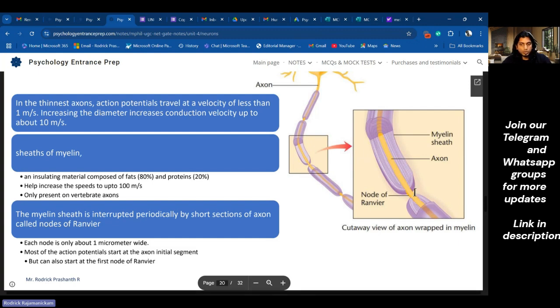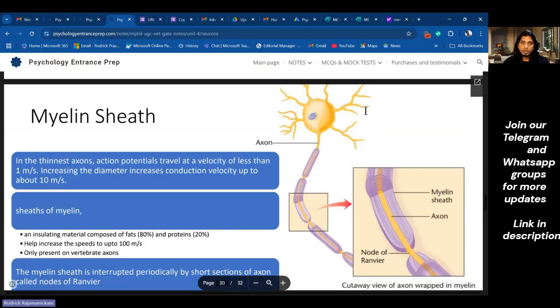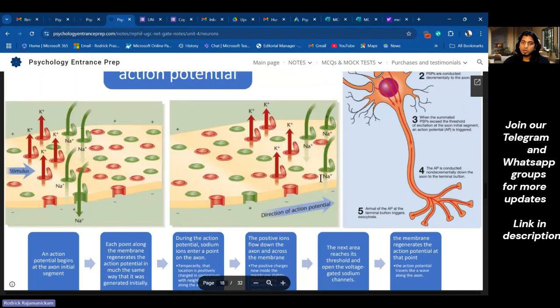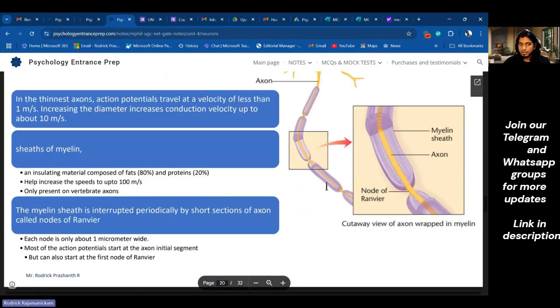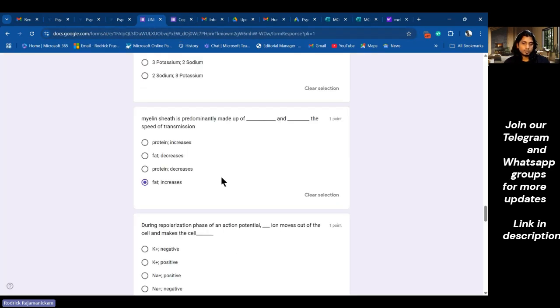They are degrading in strength, but they're very quick, almost instantaneous. If they had to open further and further channels, it would take a lot of energy and time. So the myelin sheath basically increases conduction that way. You can see here, myelin sheath is composed of 80% fat and only 20% proteins, predominantly fat, right? So that's what it is.